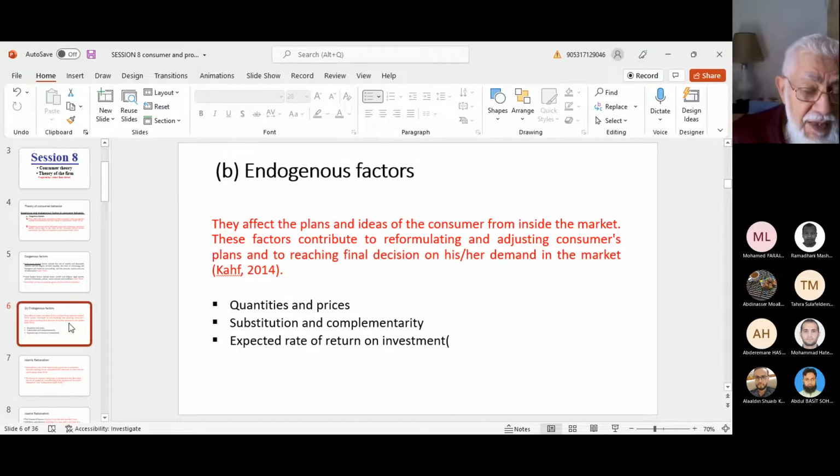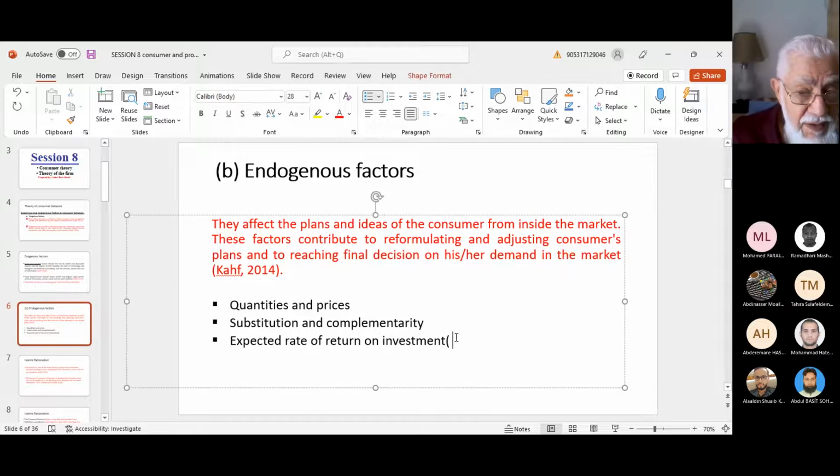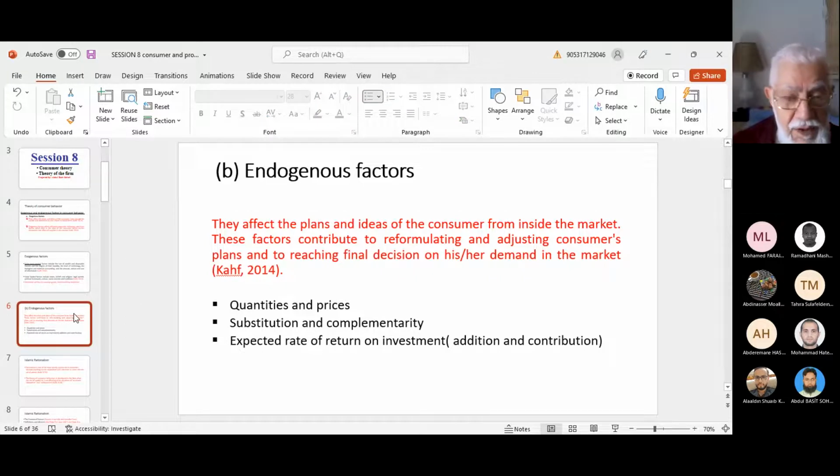But also the three-dimension distribution of whatever is available in the theory of consumption, whether for consumption or for investment or saving, or for charity. This three-dimensional is not considered in the conventional theory.